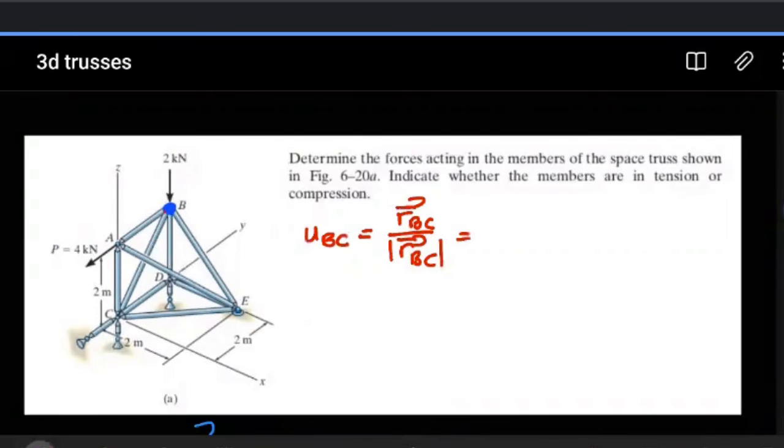To move from B to C, because I picked my direction to run in this way, I need to start from B first, come to A. How far do I have to move? That looks like a 2. But that is in the minus y-axis. So this becomes minus 2j. And then from there, we go downwards and would have reached C. So that's downwards, so that is minus 2k.